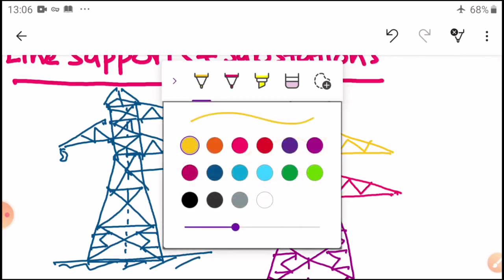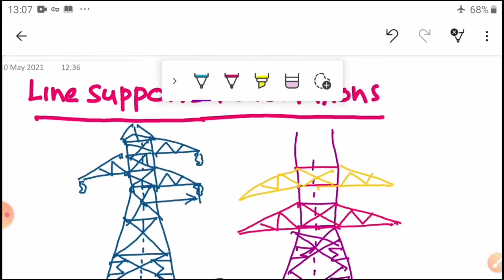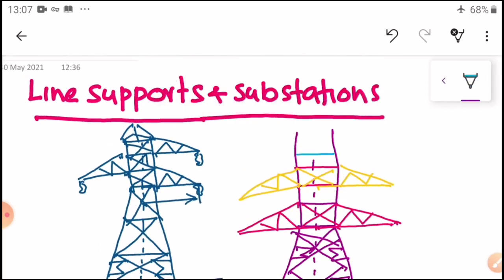So blue you are going to write. Next, here you give the tab. So this is the R face, Y face.